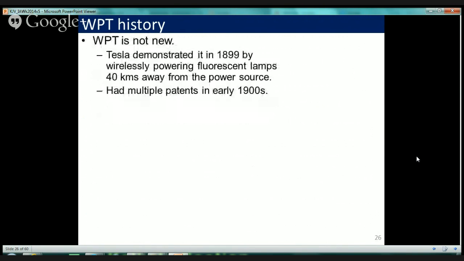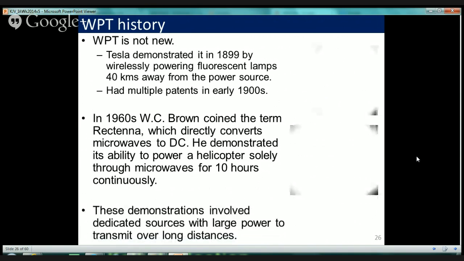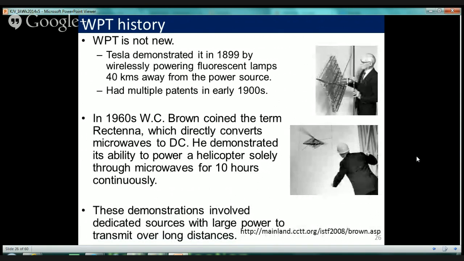The wireless power transfer, incidentally, is not something that has happened over the last 10 years or so. It has been there for more than 100 years. Tesla had done some experiments, and in the 1960s, somebody by name Brown actually demonstrated that you can even fly a helicopter by beaming the RF into it.